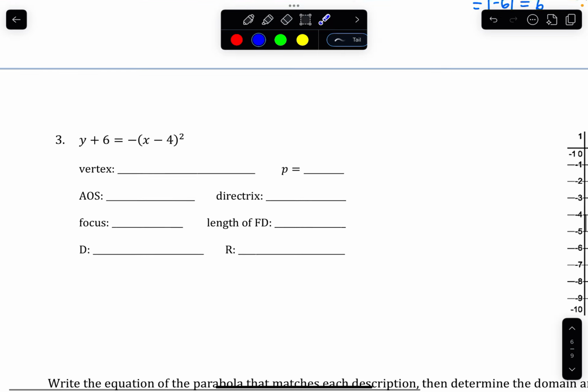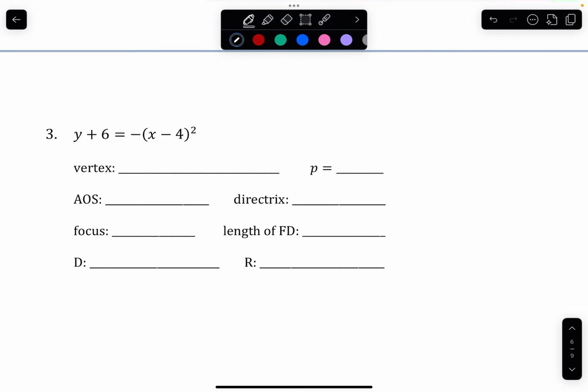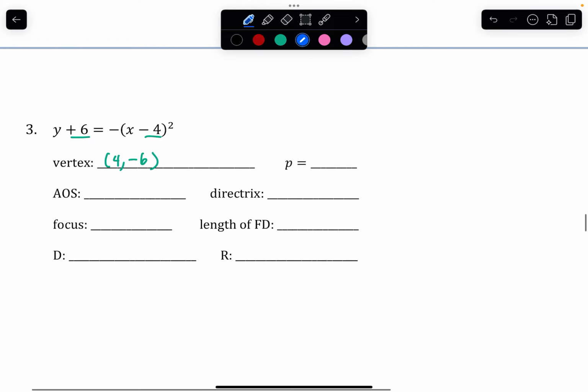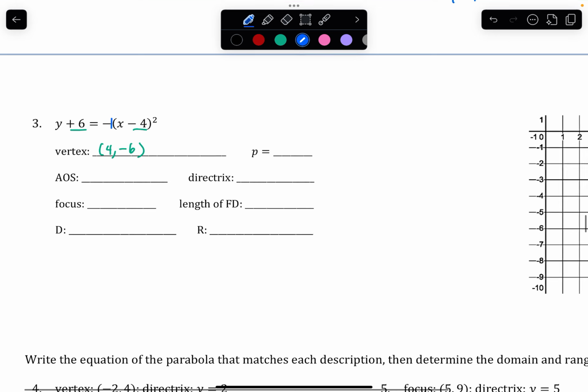All right, my next example, the vertex, I see my x-coordinate would be +4. My y-coordinate would be -6. And then my a value here is -1. That 1 is invisible. Because a equals -1, that means I know 1/4p equals -1.